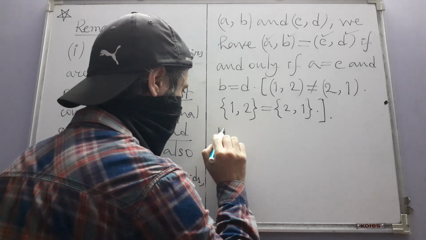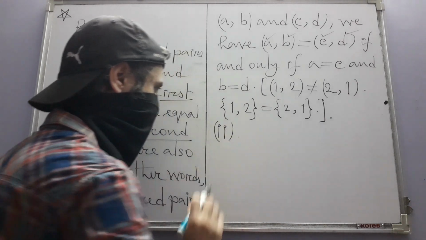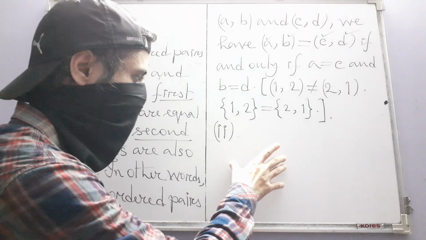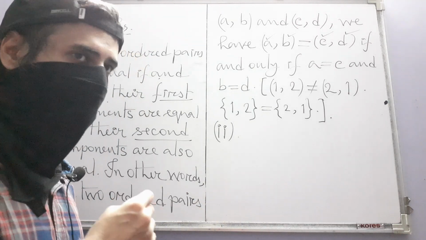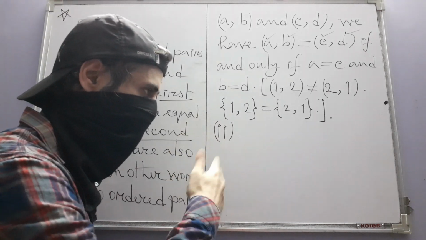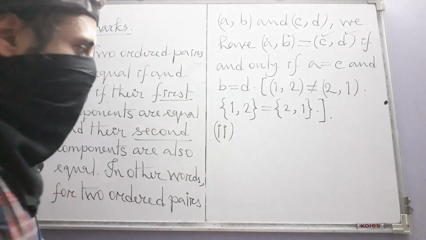And then the second remark, of course, tells us about what we have seen in the three examples, that the number of elements in the Cartesian product of two finite sets is the product of their numbers of elements.